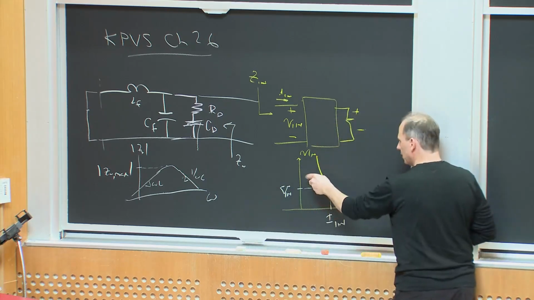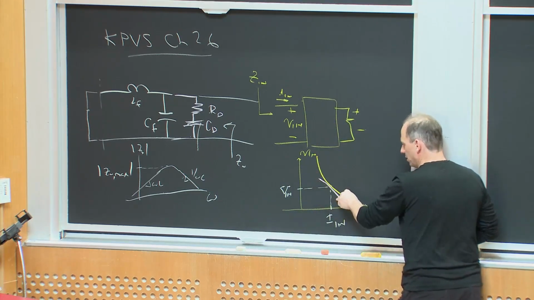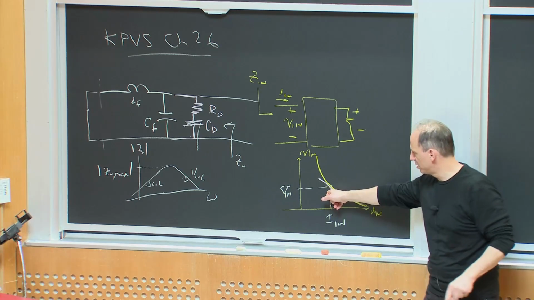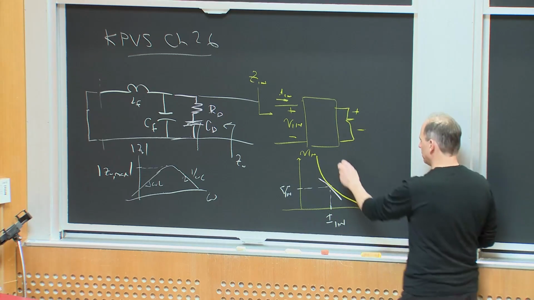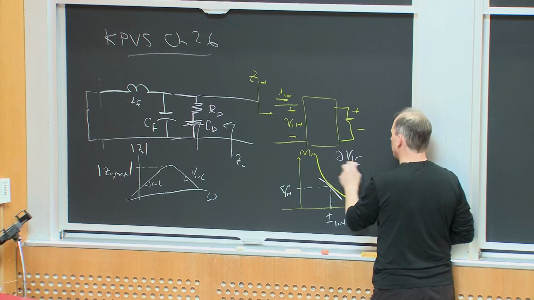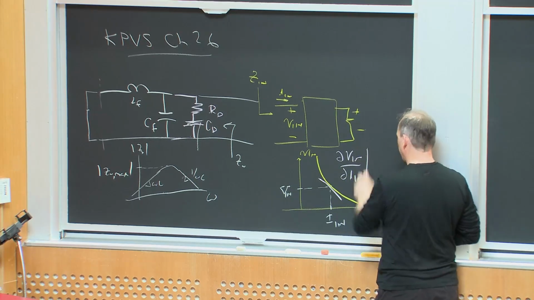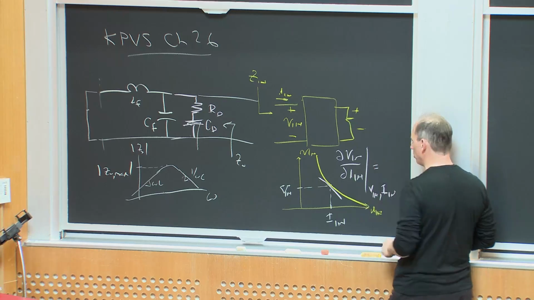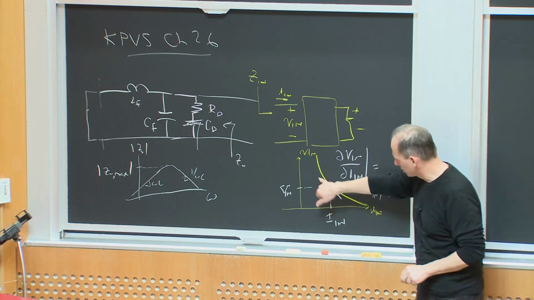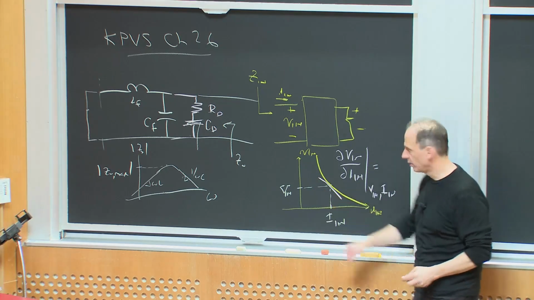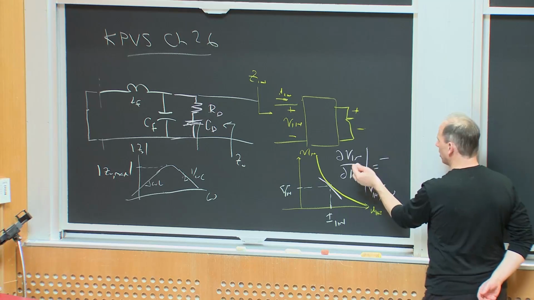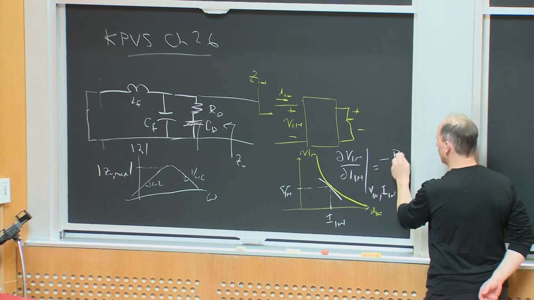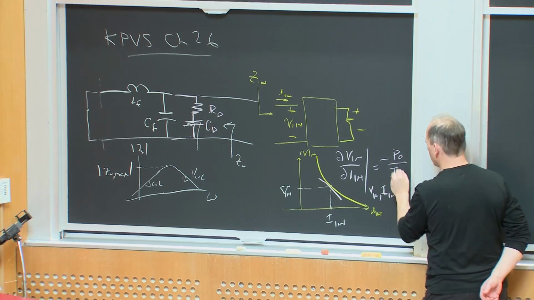Incrementally, this slope, dV in over dI in, evaluated at V in, I in, is equal to a negative resistor, because this slope is negative. It turns out to be minus P out over I in squared.